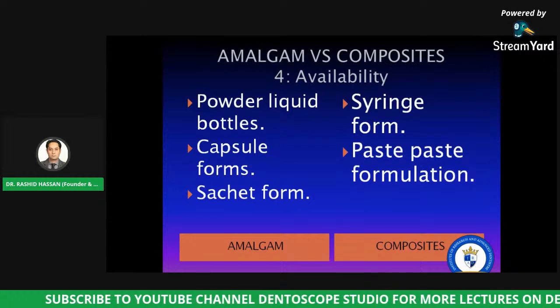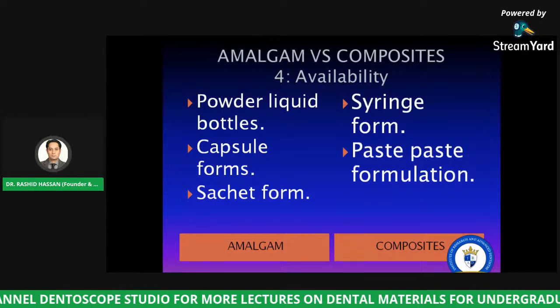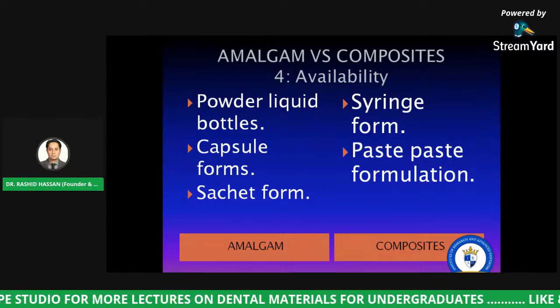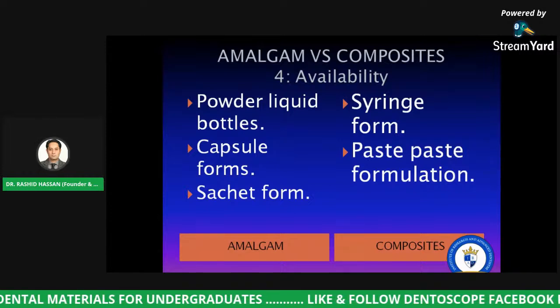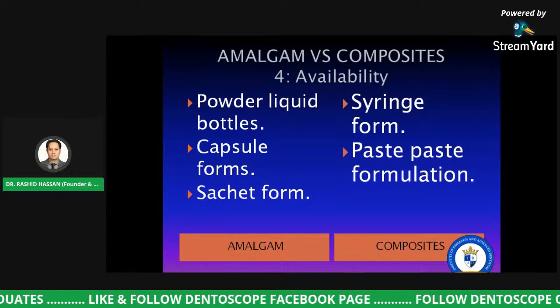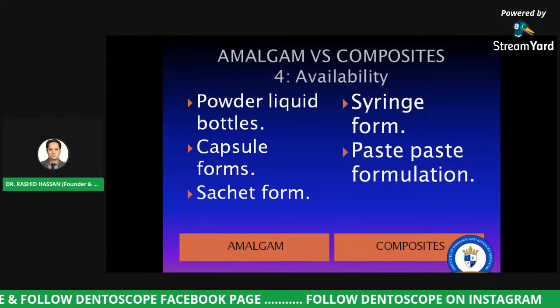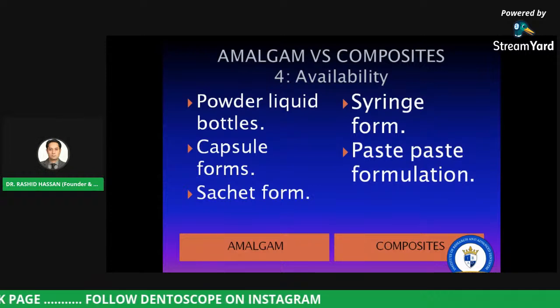So once we put this capsule into the amalgamator, the first thing the amalgamator does is that it presses, it squeezes the capsule so that the permeable membrane, a very thin membrane, which separates these two formulations, the liquid component and the powder component, breaks.